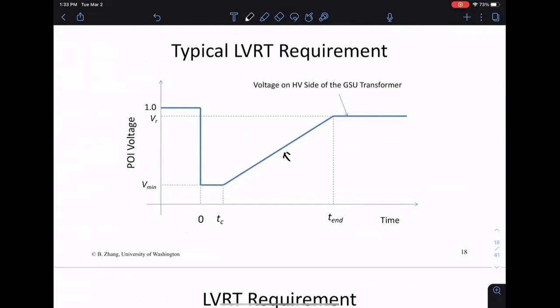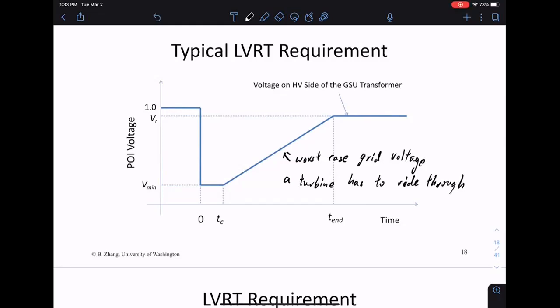In some sense, this is the worst case the turbine has to ride through.